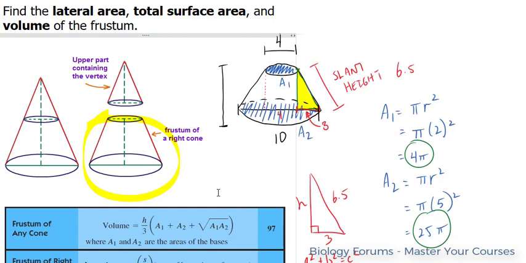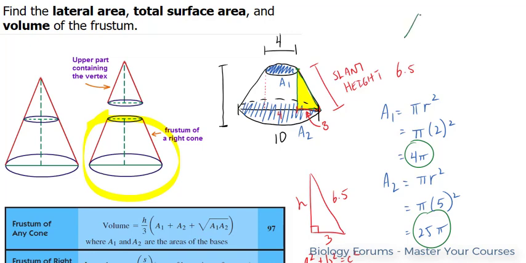Now we still have to find the lateral area and the total surface area. Now, what do those two words mean? Well, the total surface area is the area that is exposed to the environment. So anything that you see, for example, this top part, this bottom part, and the sleeve.